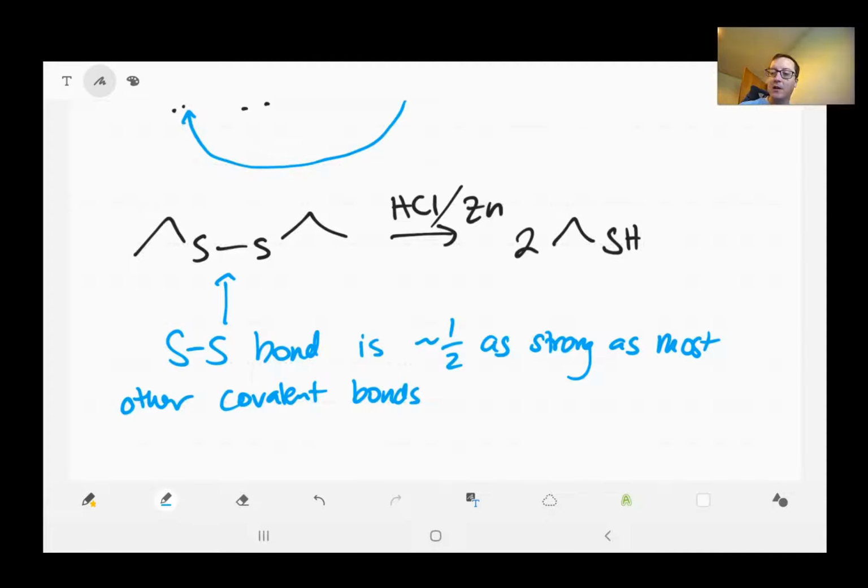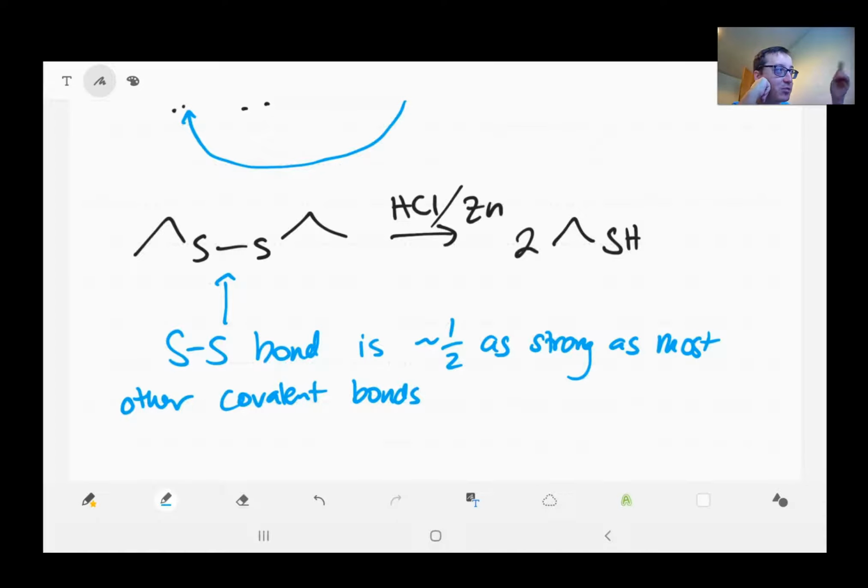The curls in hair arise because of these disulfide linkages. Through chemistry, you can break them without breaking all the other chemical bonds in your hair, although there certainly is some damage when you do this. You can therefore either straighten it or force it into a curled shape, and then reoxidize these back to disulfides, and now your hair is locked in whatever shape you want it to be in.